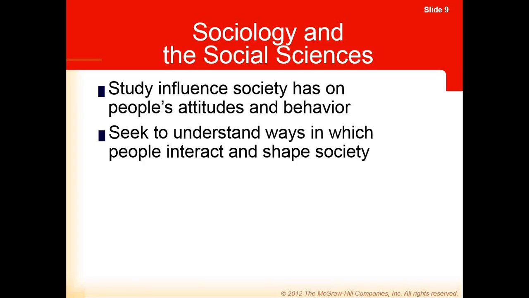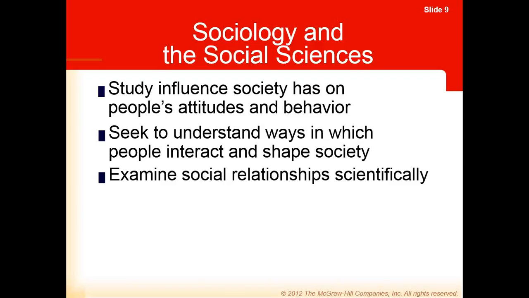Another thing, sociology seeks to understand ways in which people interact and shape society. The idea of the social construction of reality is that what we do together on a social basis collectively shapes our social reality.